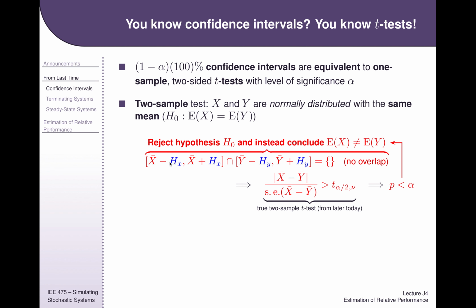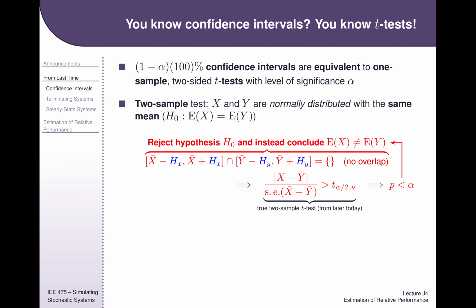If there is no overlap between those confidence intervals, then we can infer that the mean of x is different than the true mean of y. So we've actually done a two-sample t-test and reached significance, at our significance level of alpha, without actually doing any of the calculations of a two-sample t-test.